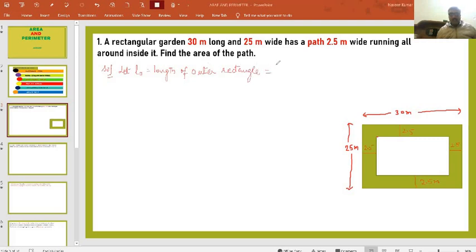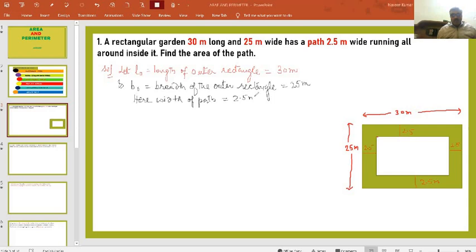Is equal to, what is given, the length of the outer rectangle, that is 30 meter, and BO is the breadth of the outer rectangle, that is equal to 25 meter. Here width of path is 2.5 meter.